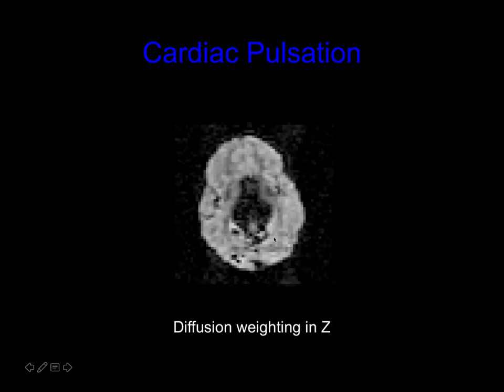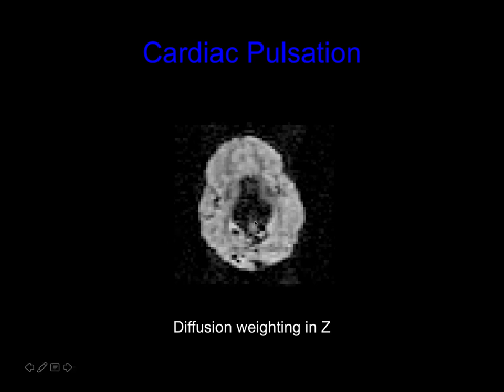And this is also just to make you aware: there's a cardiac pulsation effect. This is an axial slice, and what happens is when the heart beats, a bulk of blood comes into the head, the skull being a fixed volume. As the blood comes in, part of the tissue comes out, and it's like the spinal cord's getting pulled. So all the stuff in the brainstem and the midbrain gets pulled down, and so there's a shearing of the tissue there.